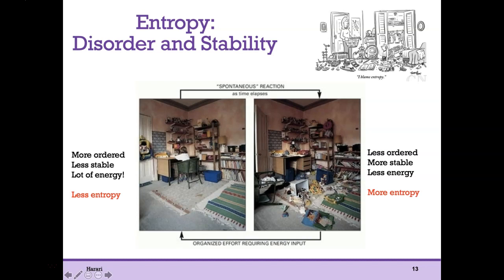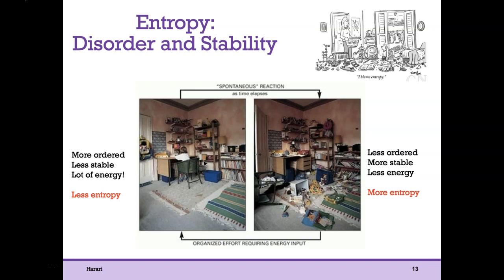And we can say that this room is a lot more stable because it's more likely to stay like this on its own. This room, in this clean, organized state, is very unstable, right? It's very unlikely for the room to just stay like this at all times. In order to keep this room intact, the organized effort requires constant energy input.